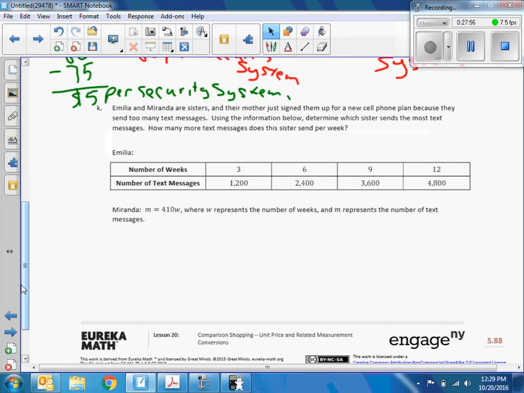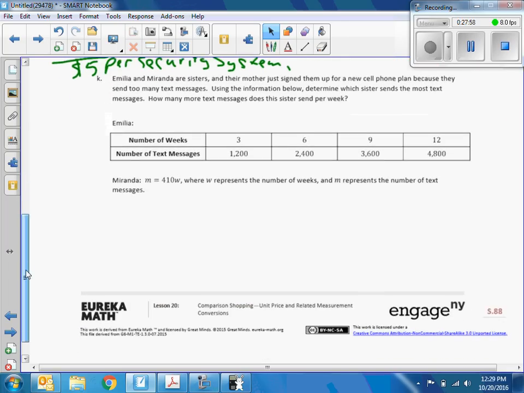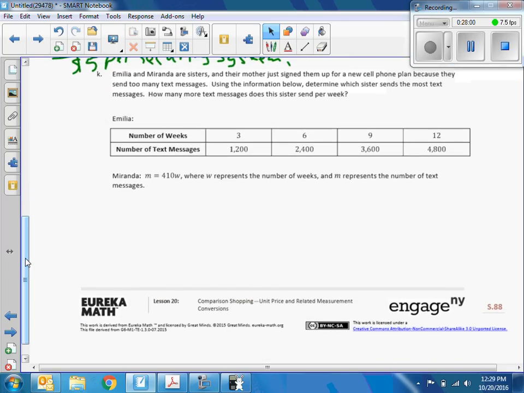All right, okay. Amelia and Miranda are sisters. Their mother just signed them up for a new cell phone plan because they sent too many text messages. Using the information below, determine which sister sends the most text messages. How many more text messages does the sister send per week? All right, again, x, y, k equals y over x.